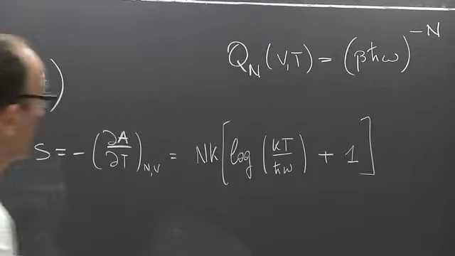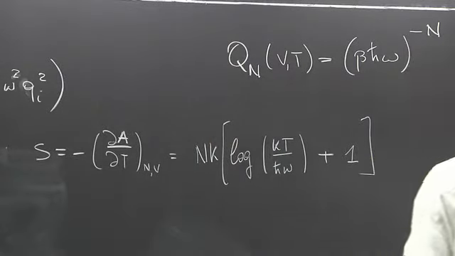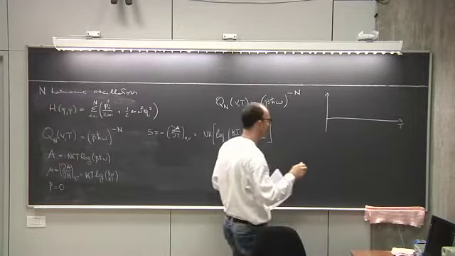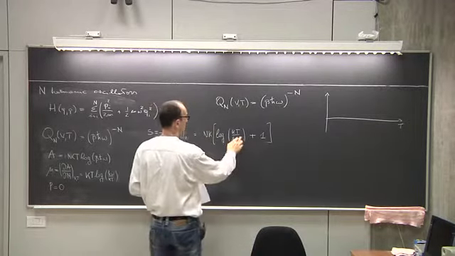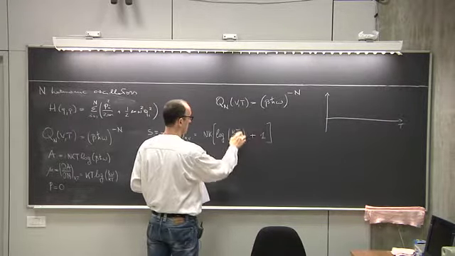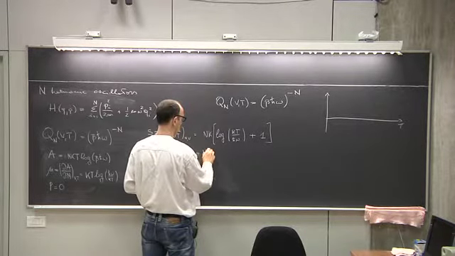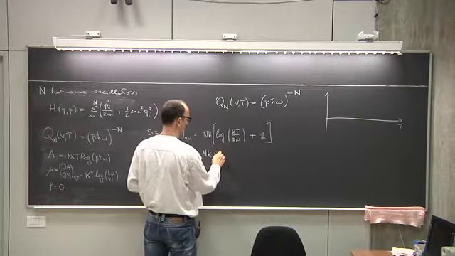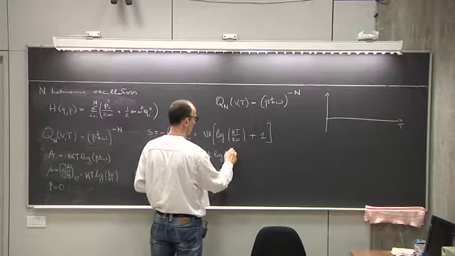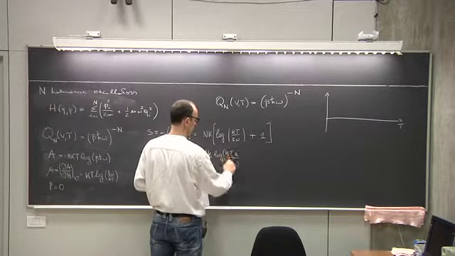So this is the entropy, and you see this entropy is a problem. If you plot this entropy as a function of temperature, you can also write this as n k times the log of kT times e, where e is Napier's number, divided by h bar omega.